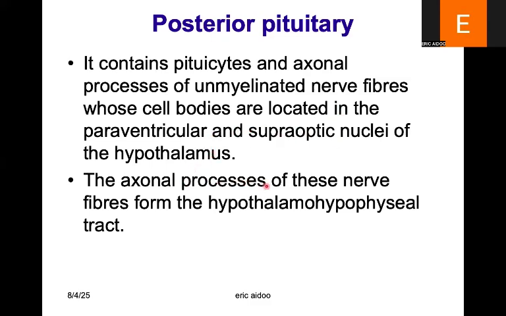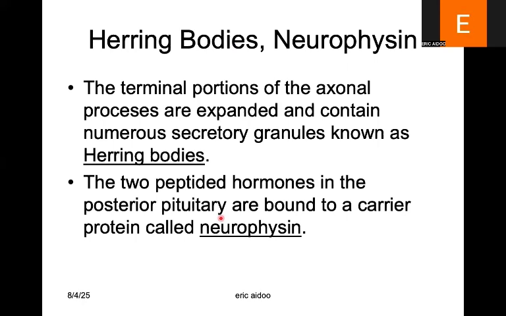The axonal processes of these nerve fibers form a tract known as the hypothalamo-hypophyseal tract. There are also Herring bodies and neurophysin in the posterior lobe. The terminal portions of the axonal processes are expanded and contain numerous secretory granules known as Herring bodies.